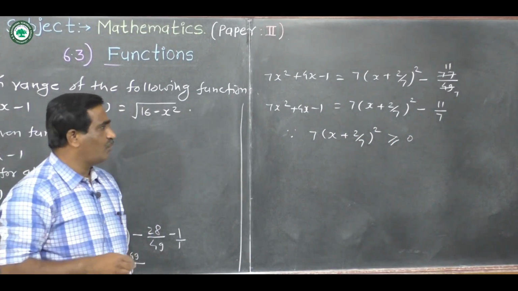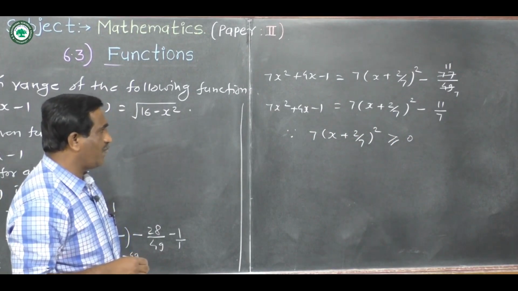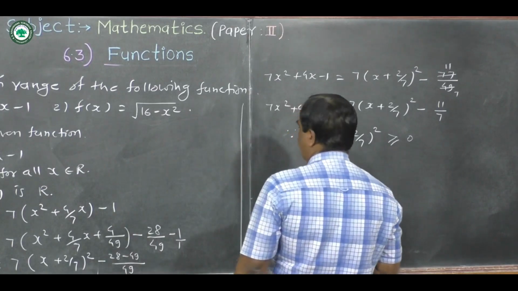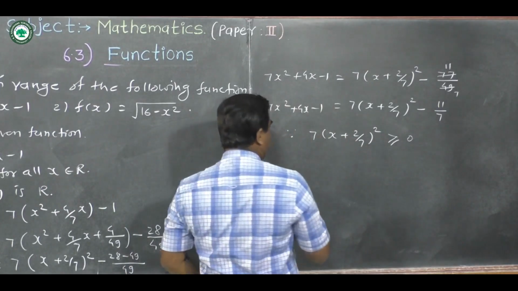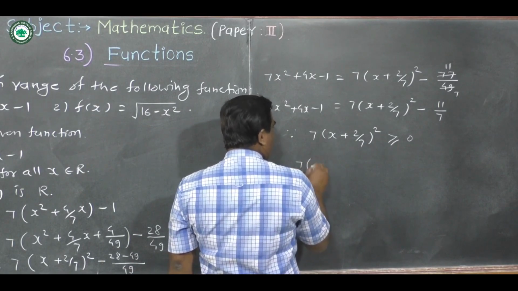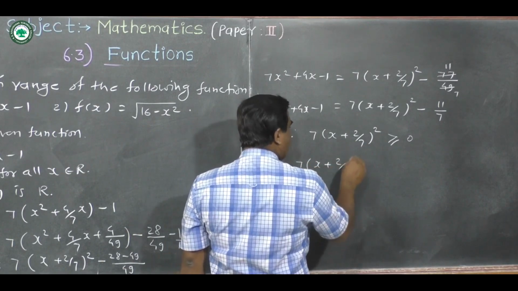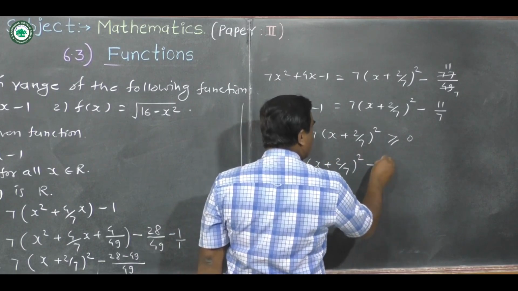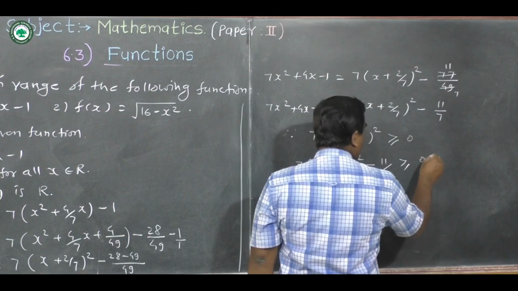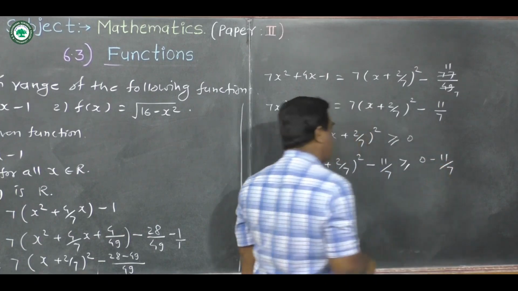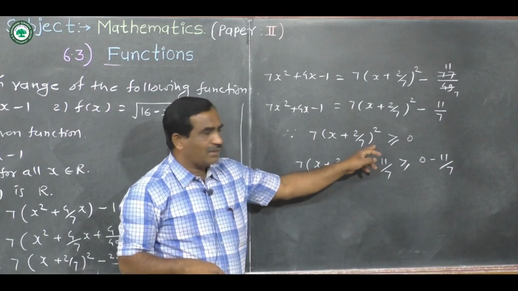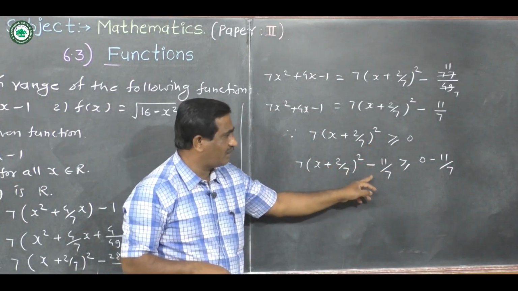Therefore we add minus 11 by 7 on both sides, that is 7 into x plus 2 by 7 bracket square minus 11 by 7 is greater than or equal to 0 minus 11 by 7. Adding minus 11 by 7 in this inequality, we get this equation.